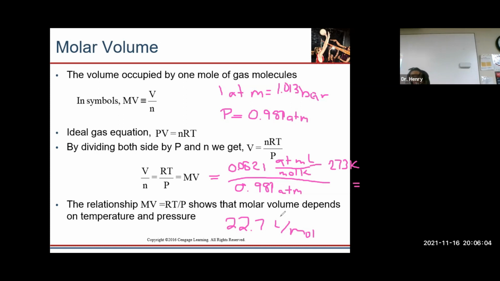What would be the molar volume of nitrogen gas at STP? It doesn't matter what gas we're talking about at STP, it's always going to be the same.